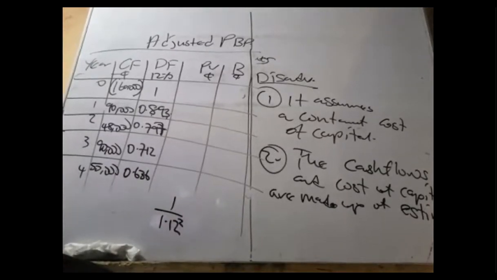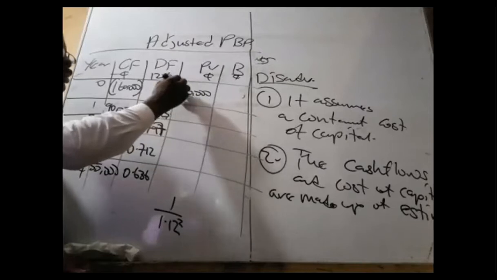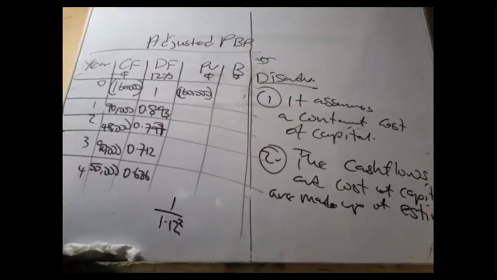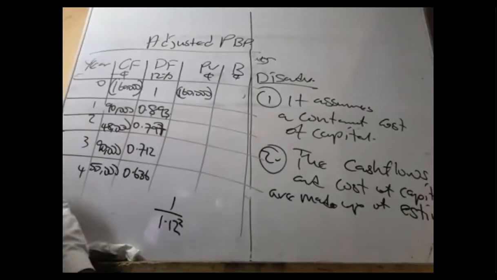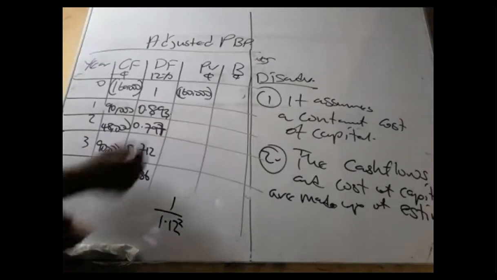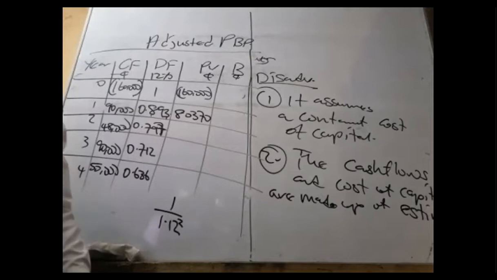Now let's find the present value by multiplying. 160,000 times 1 will still give us 160,000. Year 1, 90,000 times 0.893 gives something like 80,370.